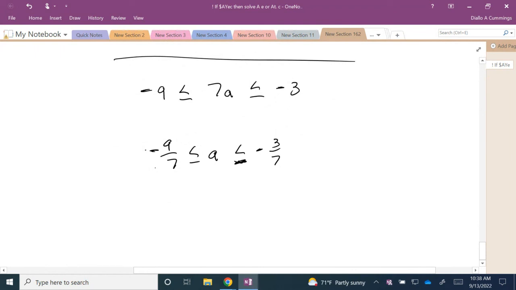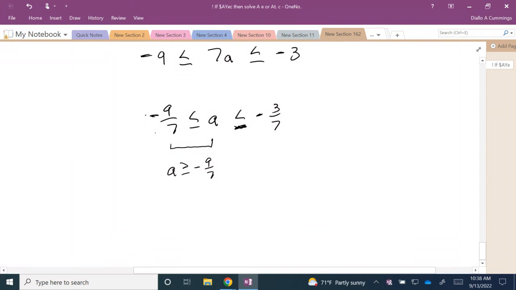All right, and we want to write this as an interval in interval notation. So keep in mind that this is actually telling us 2 things. a is greater than or equal to -9/7, and at the same time, a is less than or equal to -3/7.